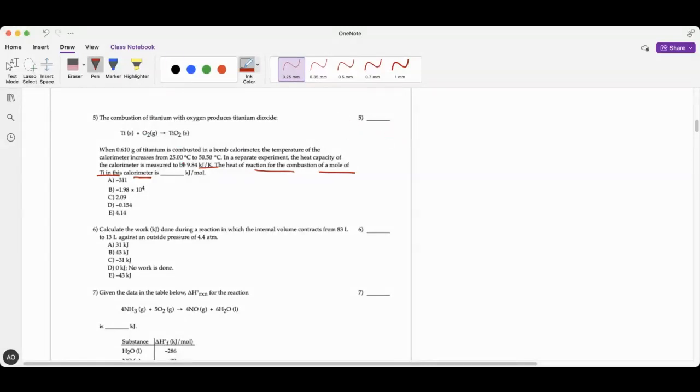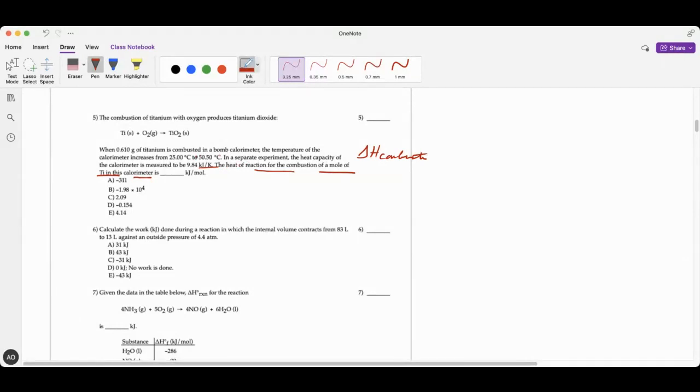Okay, so what we want is the heat of combustion. And so remember, the calorimeter is going to absorb some energy here, and then plus we need to use the heat capacity of the calorimeter.